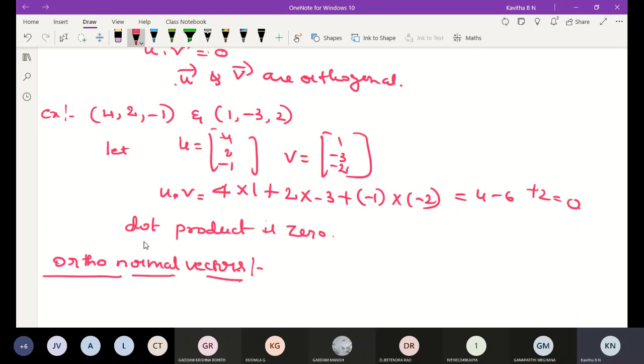Here, a set of vectors is said to be orthonormal when the following two conditions are satisfied.